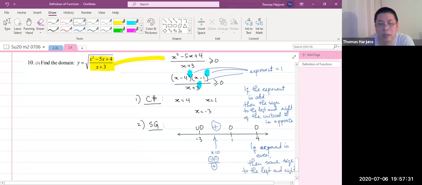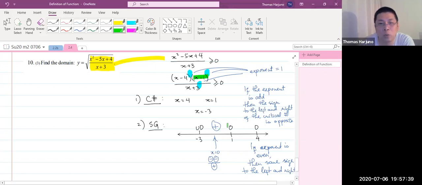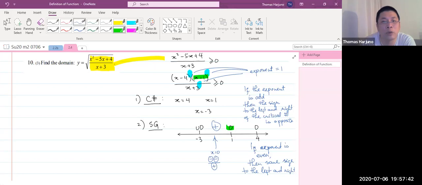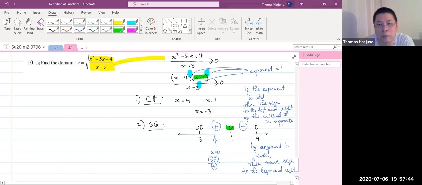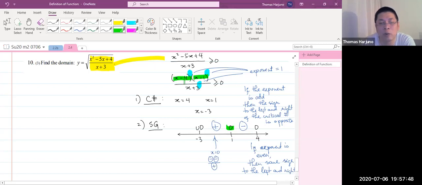I'll show you a fast example later on. But for now, for x minus 1, the exponent is 1, right? So the sign has to be opposite on the other side of that 1. Now for x minus 4, the exponent is also 1, which is odd, so the other side of that 4 must have the opposite sign also. Opposite of that negative, so this is positive. For the same reason, this is negative.